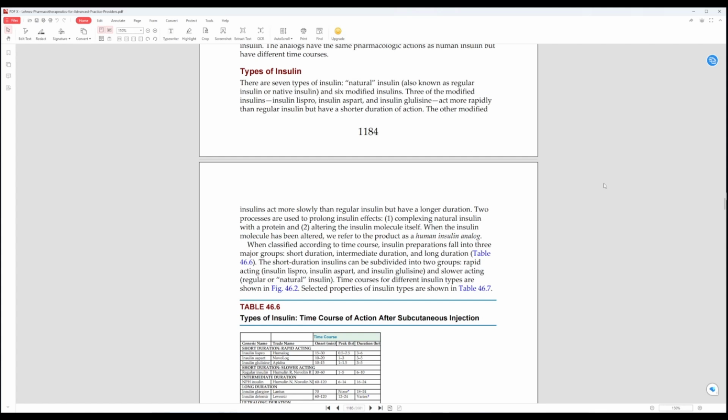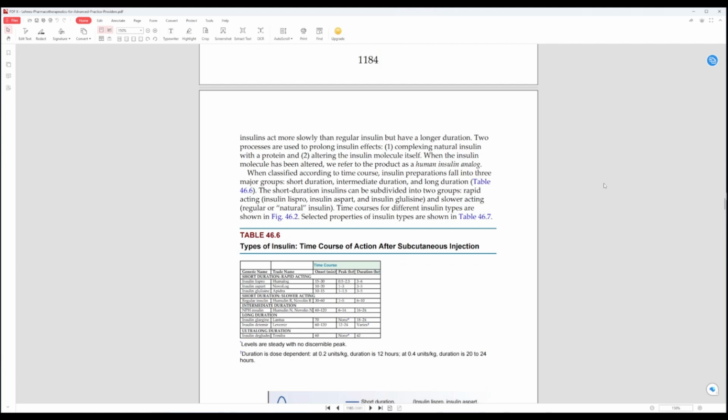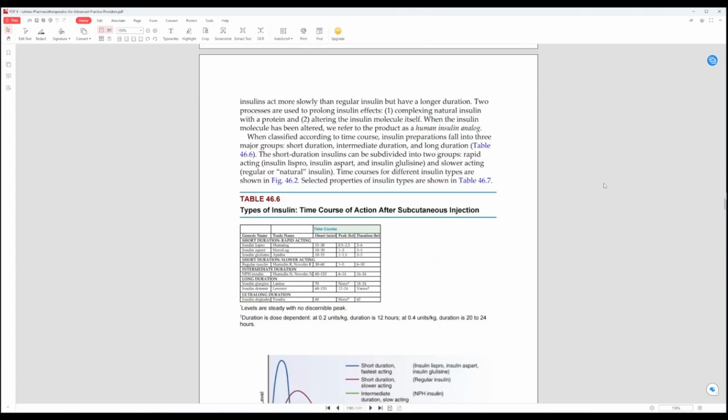When classified according to the time course, insulin preparations fall into 3 major groups: short duration, intermediate duration, and long duration. You can see those in table 46.6. The short duration insulins can be subdivided into 2 groups: rapid acting and slower acting. Time courses for different insulin types are shown again in figure 46.2.